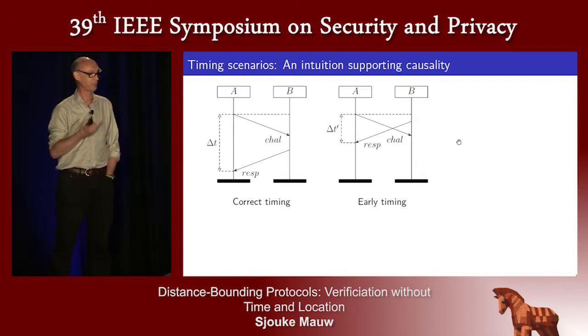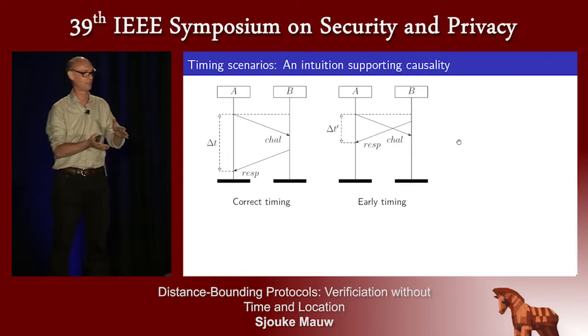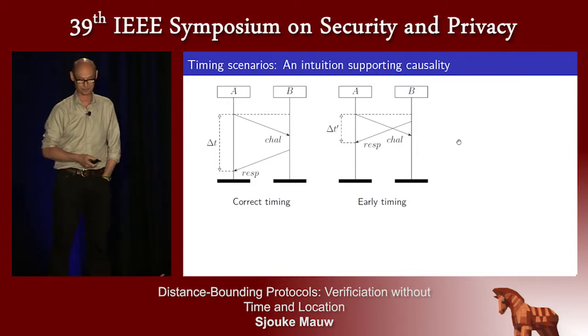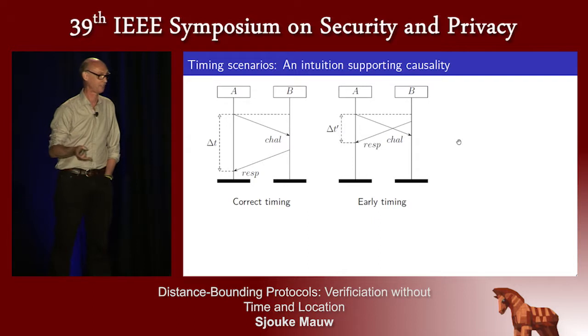And in this way, if he can predict a challenge, he can predict the response correctly, he pushes the delta t in a way such that the distance is smaller than it in fact is. So this is what I would call early timing. And what you see is there is a violation of the causality we expected. There's a violation of the causality at the site of B, in that the response is being created after the challenge has been received.